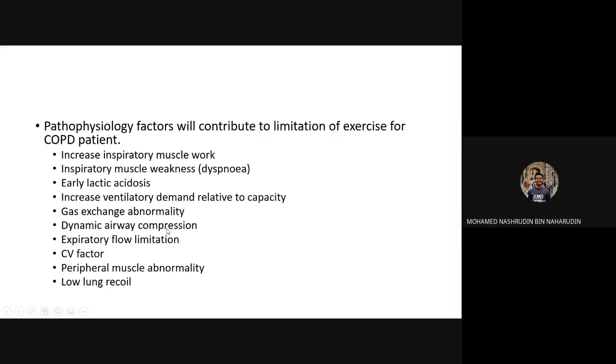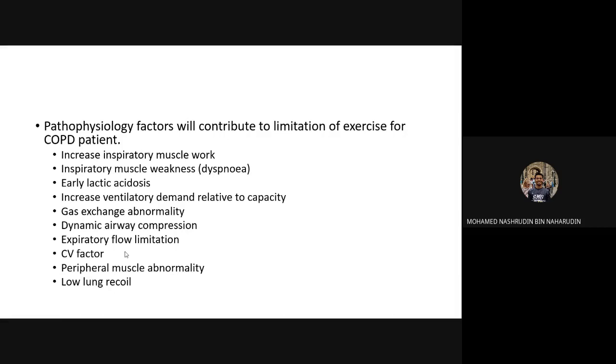Dynamic airways compression, because the obstruction happens. And then expiratory flow limitation because of the inflammation. The expired air is difficult to totally empty from the lung because of the obstruction.